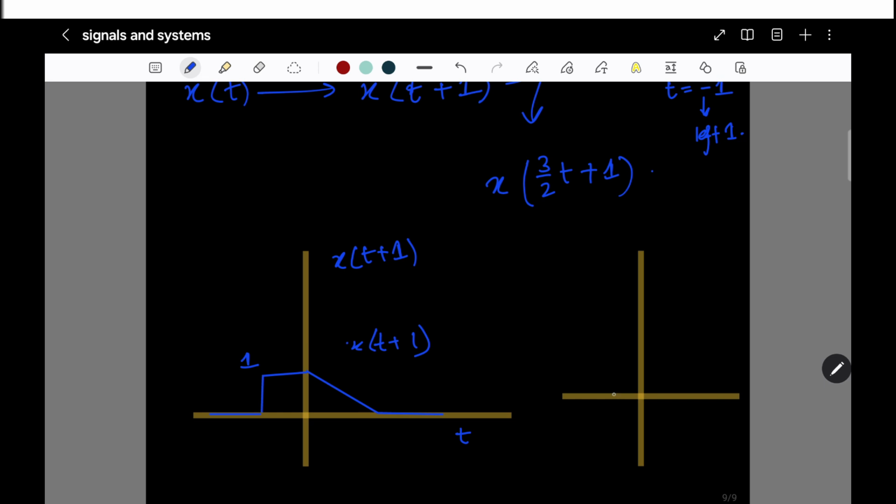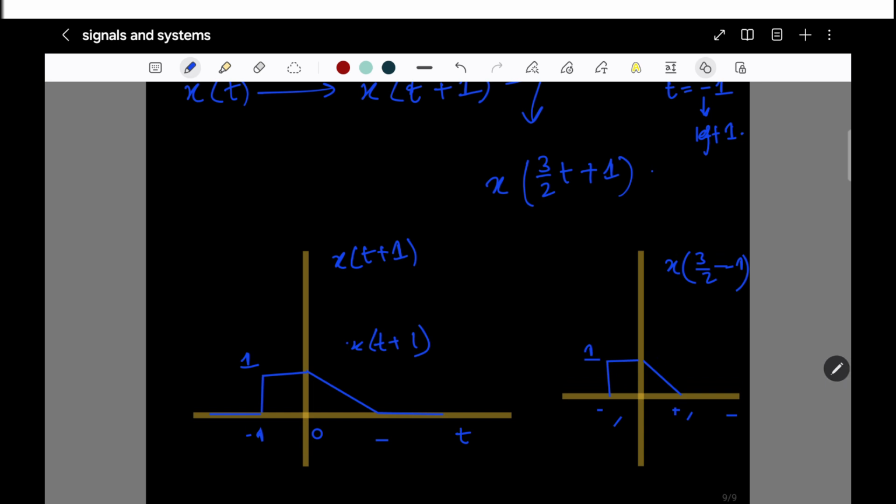And now you squeeze this signal. So the new time axes are minus 2 by 3 and plus 2 by 3. This is 1 and this is minus 1. Okay, this is 0. This is 1 and now this is 3 by 2 t plus 1.